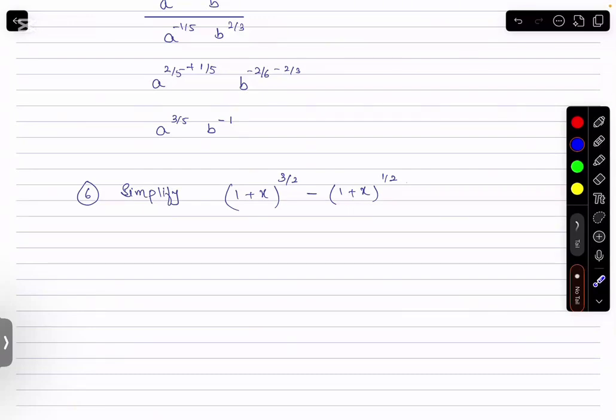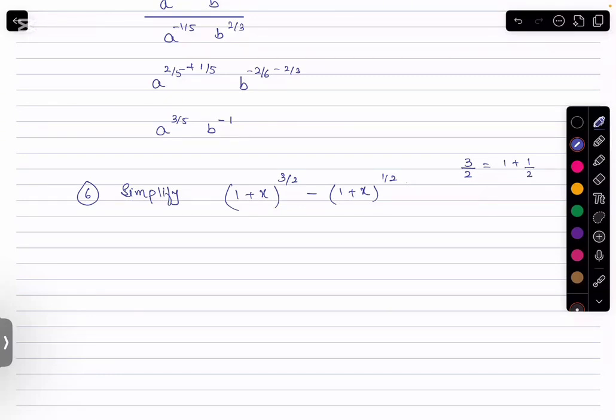अब बताएं कि हम इसे कैसे सॉल्व करेंगे. Any idea? 3 by 2. ठीक है, there is this power which is 3 by 2. Can I write this as 1 plus 1 by 2?